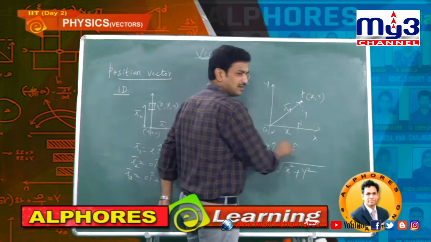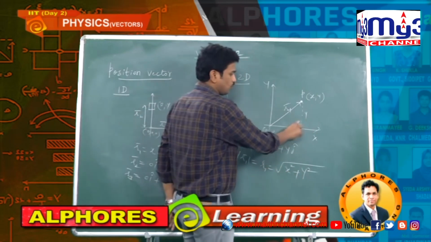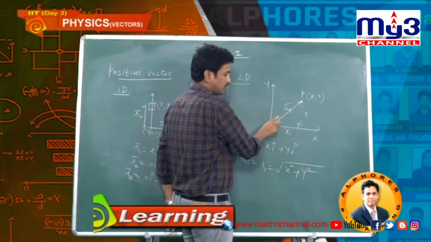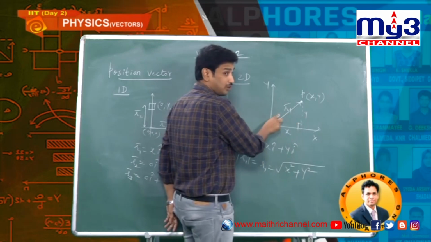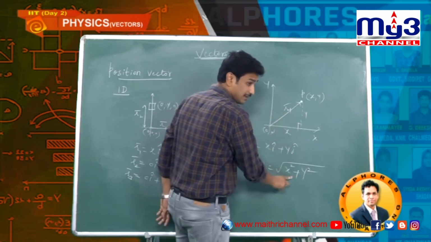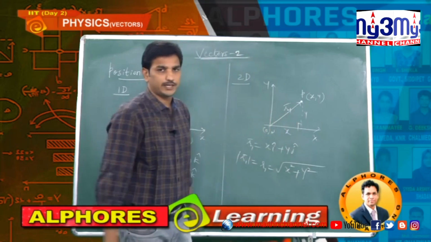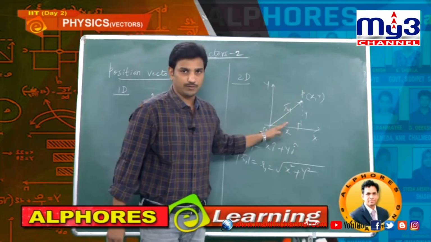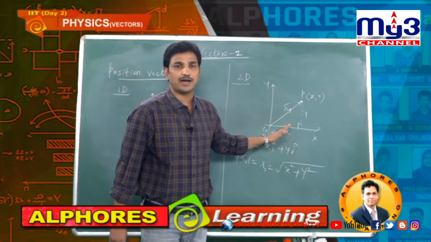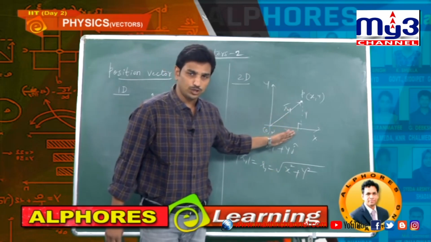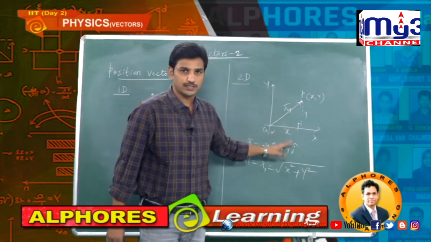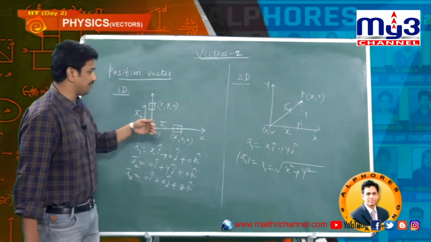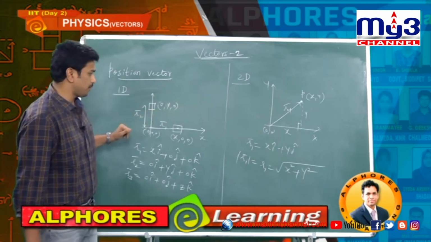You know Pythagoras rule: side square plus side square is hypotenuse square. With x and y, this is root of x square plus y square. Same thing. Through vector notation we get root of x square plus y square as the magnitude of the vector. Even if you use Pythagoras law you will get the same thing.